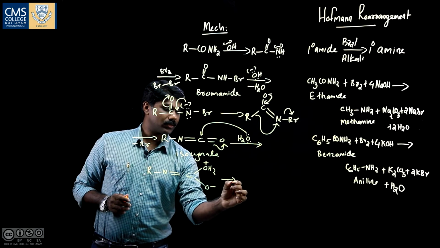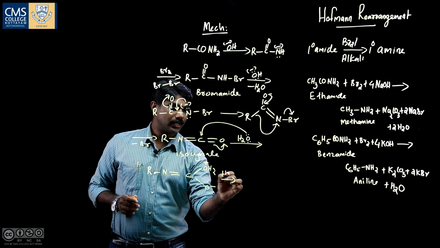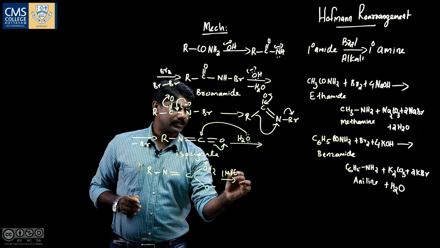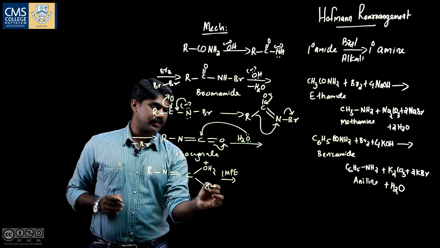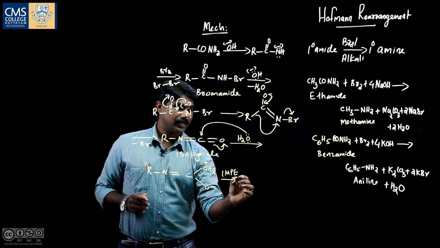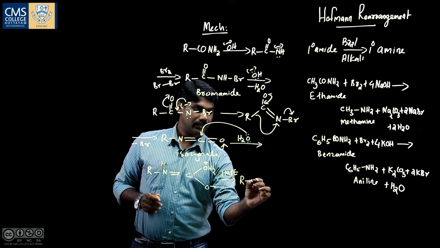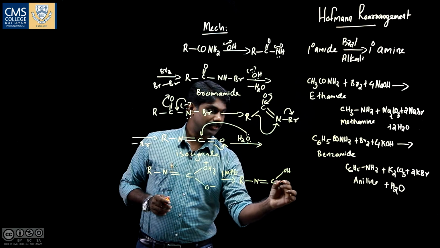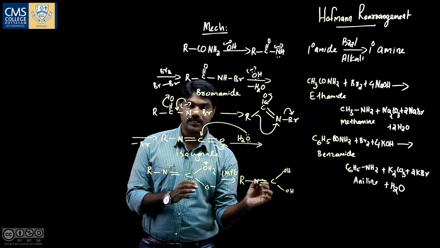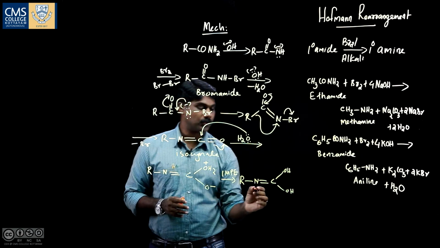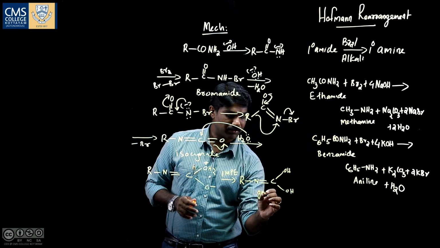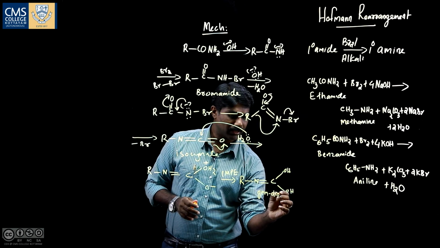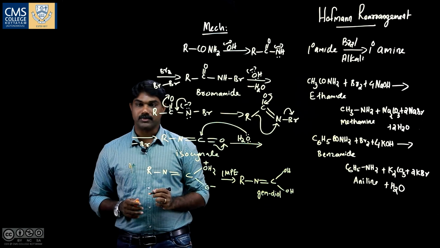And this undergoes an intramolecular proton exchange. One proton is exchanged to this minus and we get R, N double bond, C, OH, OH. So this is a carbon with 2 OH groups. So you can call it a gem diol, geminal diol.